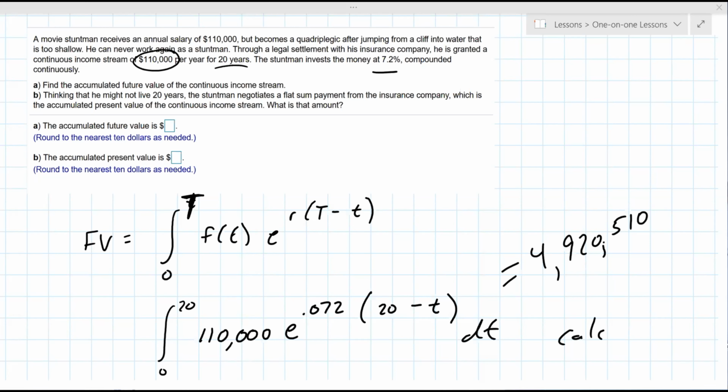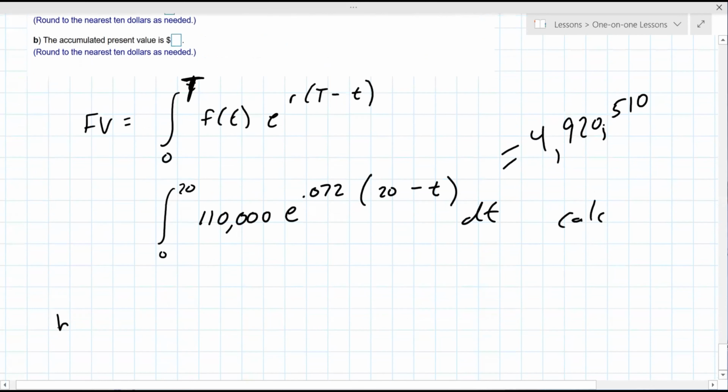They shortcut this. So for the accumulated present value, they use a different formula for Part B than I thought they would use. They say the present value is the salary over the interest rate times 1 minus e to the minus RT.